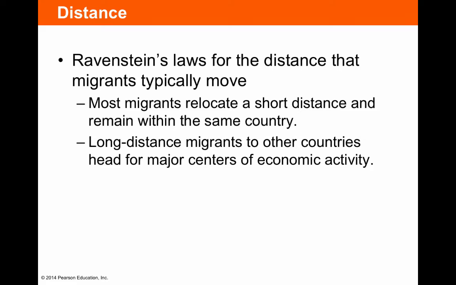So E.G. Ravenstein says most migrants relocate a short distance. They remain within the same country. And long-distance migrants to other countries head for major centers of economic activity. So think about, if you're going to migrate to France, where are you going to go? Paris, right? If you're going to relocate to England, where are you going to go? London.